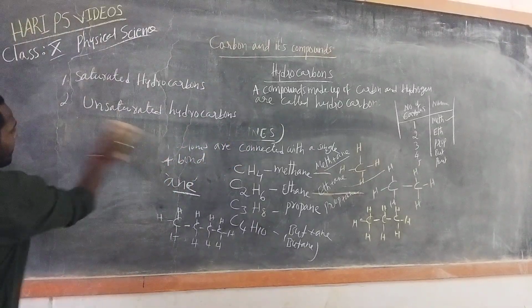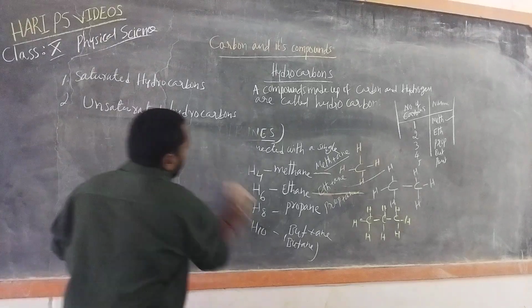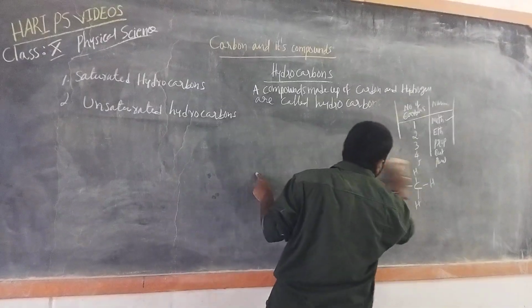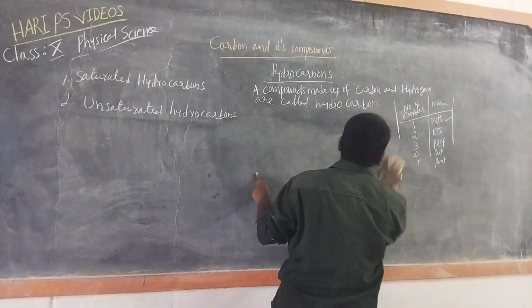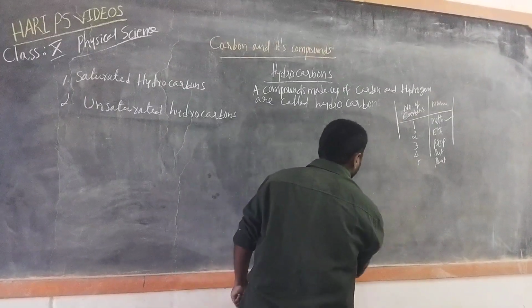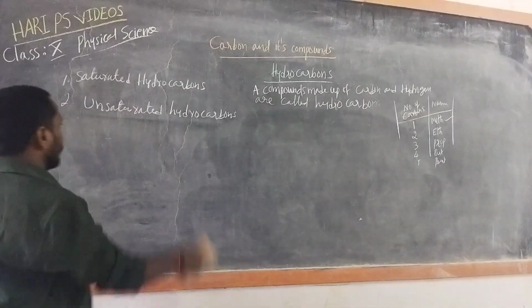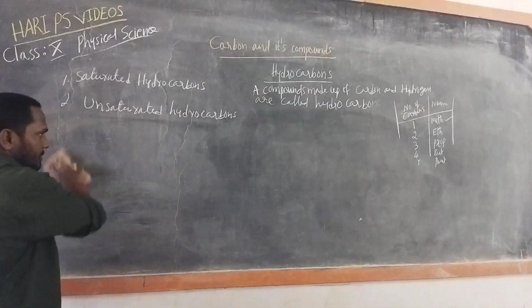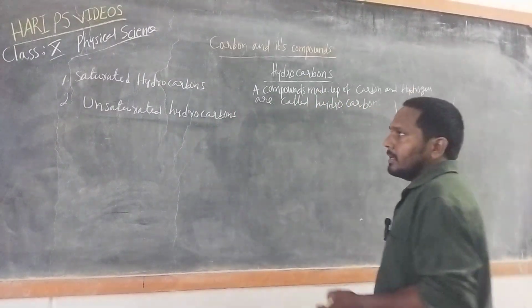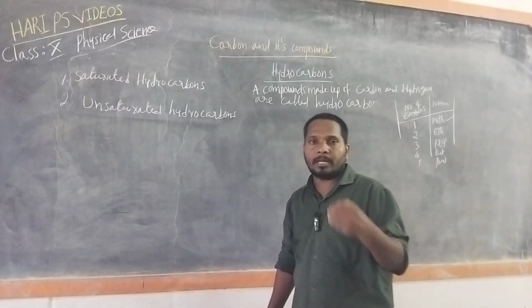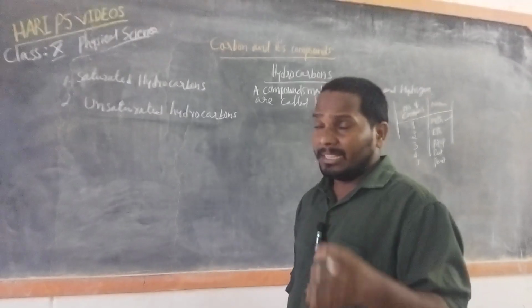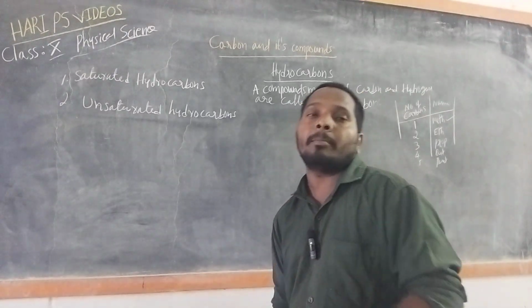Next, unsaturated hydrocarbons. Unsaturated hydrocarbons consist of at least one double bond between the atoms. What is a single bond, double bond, triple bond? For understanding this, you have to watch the previous videos uploaded by me in the chapter metals and non-metals.